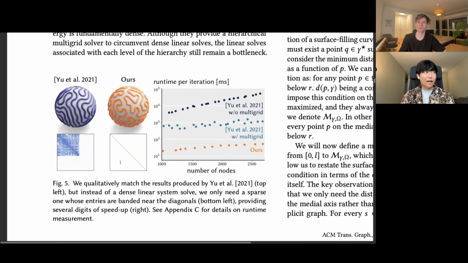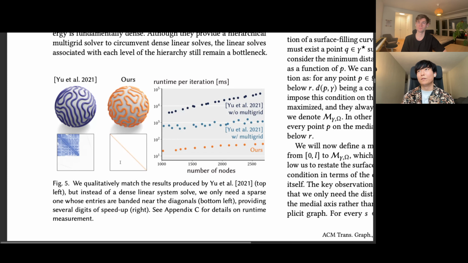In the previous paper, given a node, they need to evaluate all the possible node pairs inside the curve. And of course they do propose a way to circumvent computing all the pairs between them, by introducing some multi-grid resolution hierarchy, or even using some multipole methods.